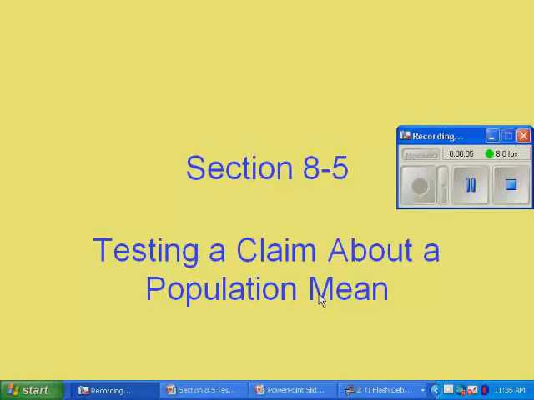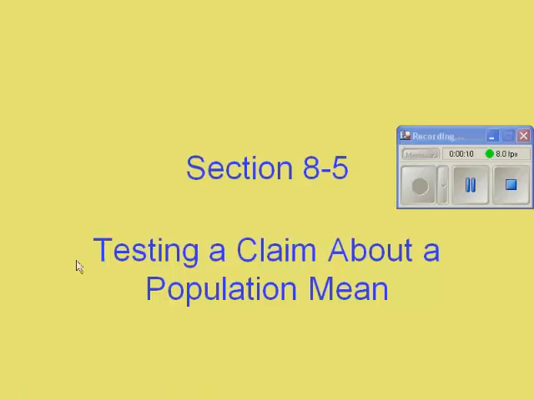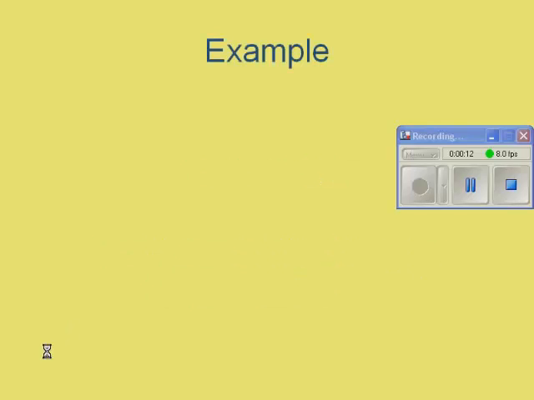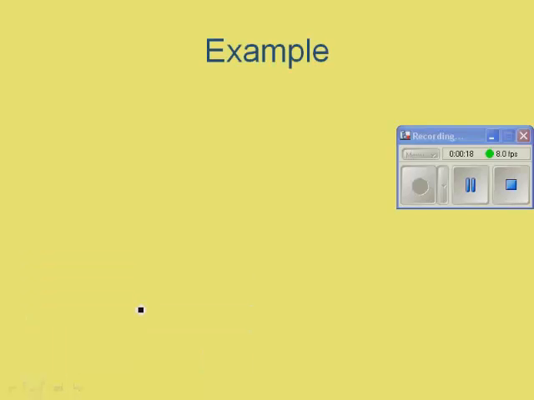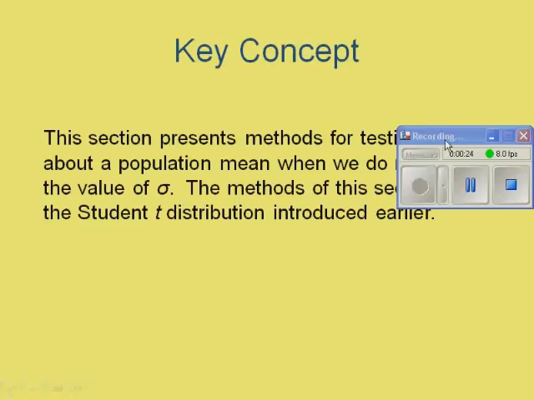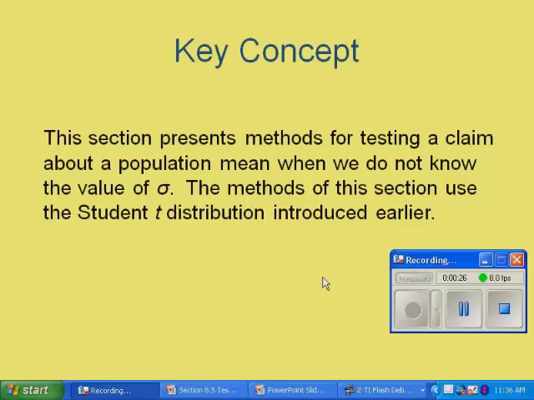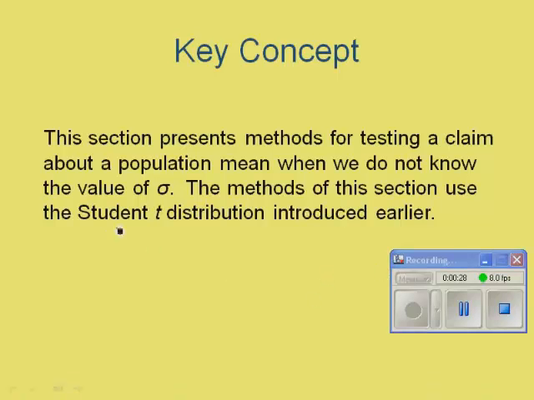Testing a claim about a population mean. So what's going on here? Let me give you the key concept. Remember this student T distribution?